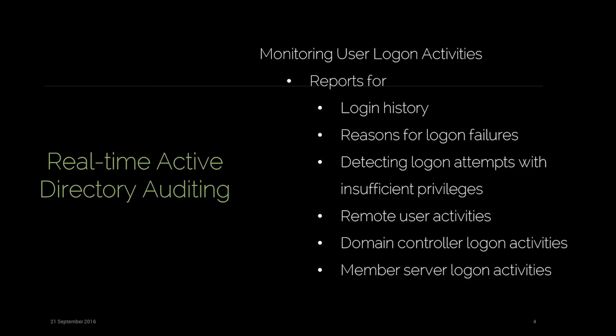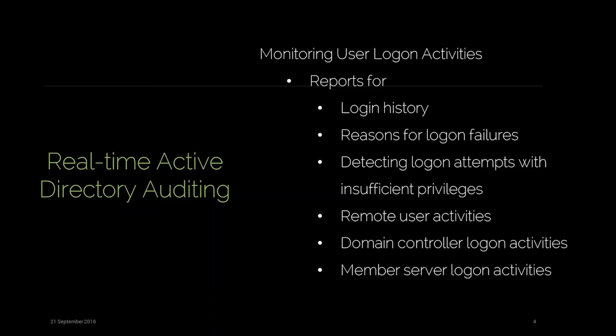All right, so these are all the real-time Active Directory reports available in ADAudit Plus. You can see reports like login history, till what time the user has logged on to the computer, and if the login failed or got denied for any reason, the tool will show that information to you.